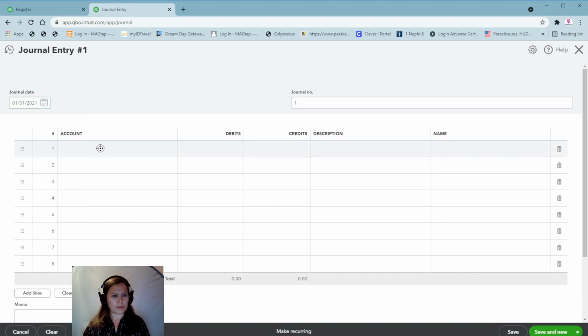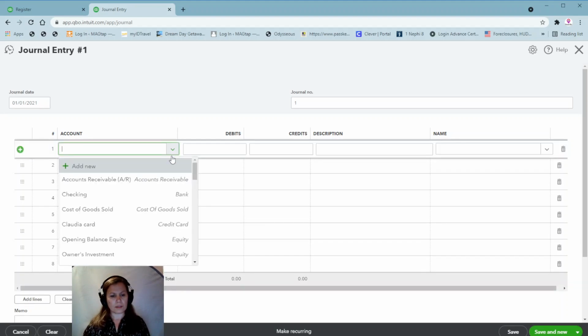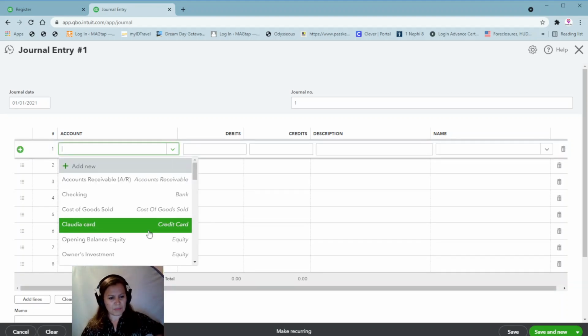We're going to put this same date. And we want to click on the line, which is on the account. There it is. It is giving me a hard time.